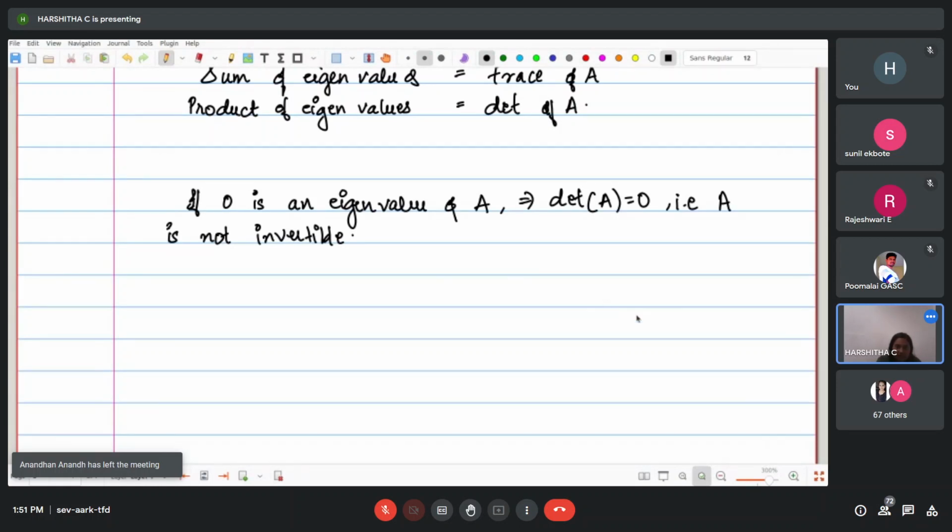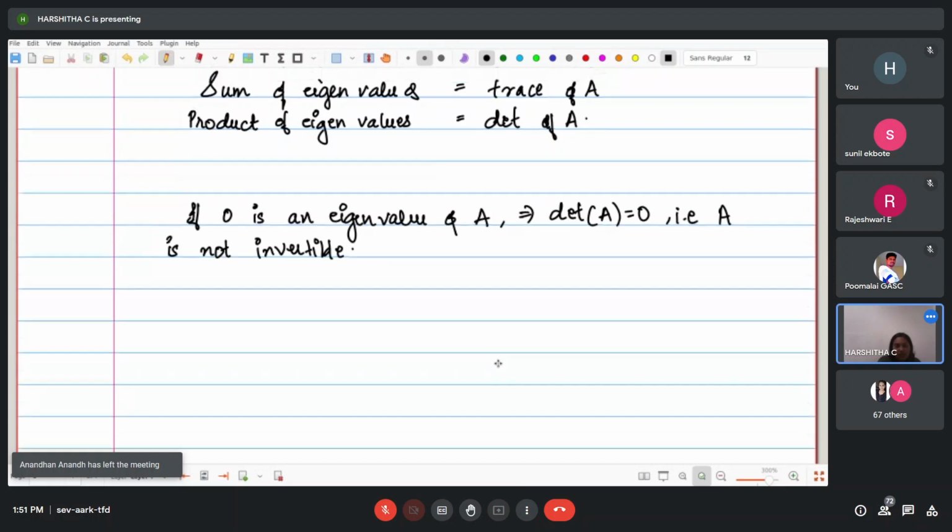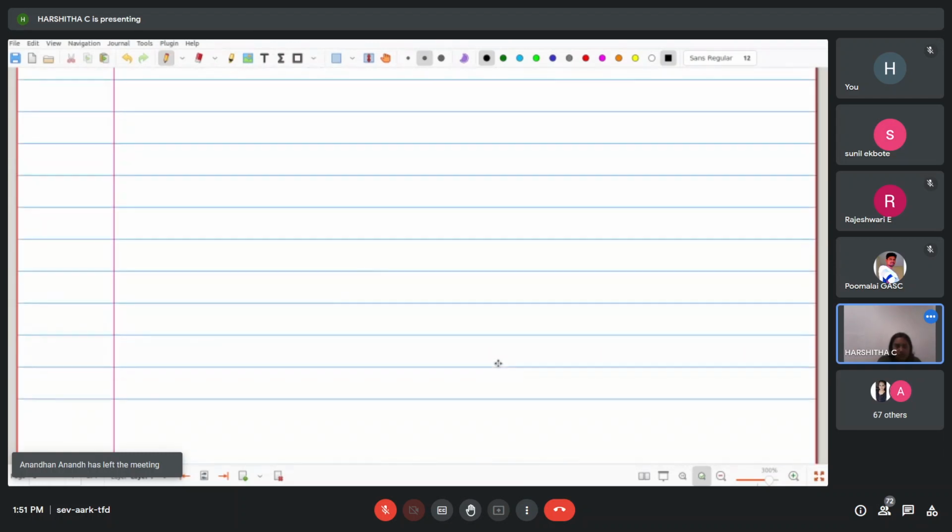It is a singular matrix, which means A inverse does not exist.